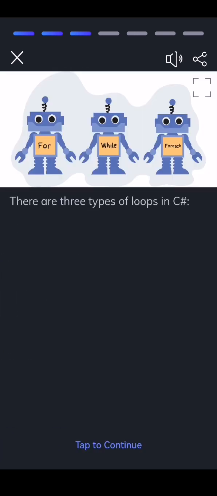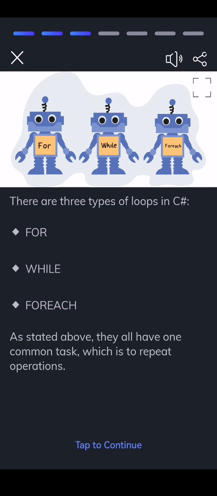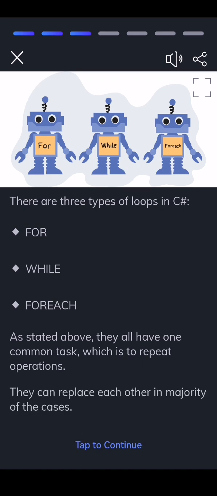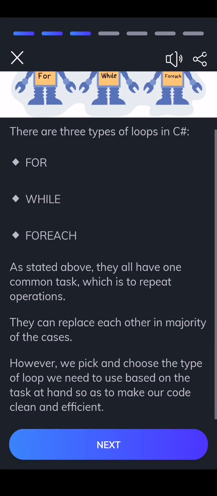There are three types of loops in C#: for, while, foreach. As stated above, they all have one common task, which is to repeat operations. They can replace each other in the majority of cases.